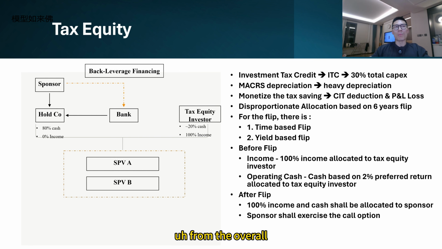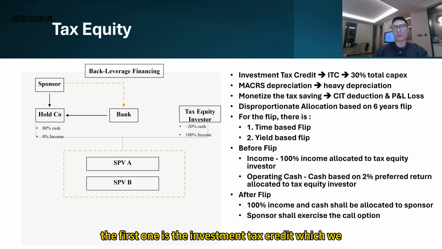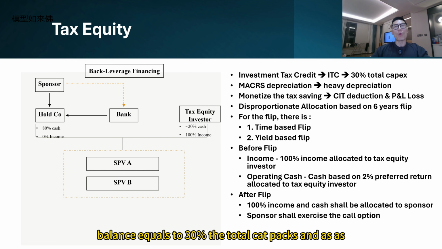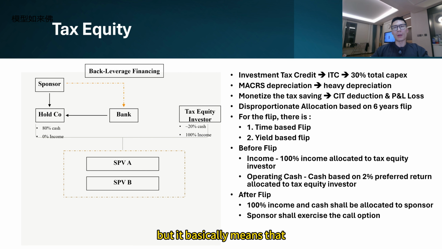From the overall scheme, they have two main methodologies. The first one is the investment tax credit, which we term ITC. That equals 30% of the total capex. As time goes by, I think the 30% is somehow reducing, but it basically means that if you get this ITC, you can have that 30% of total capex deducted from the CIT payable.